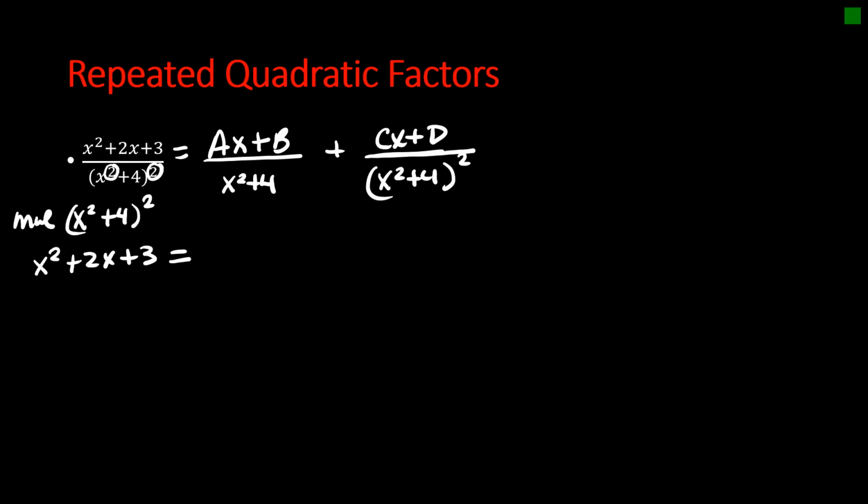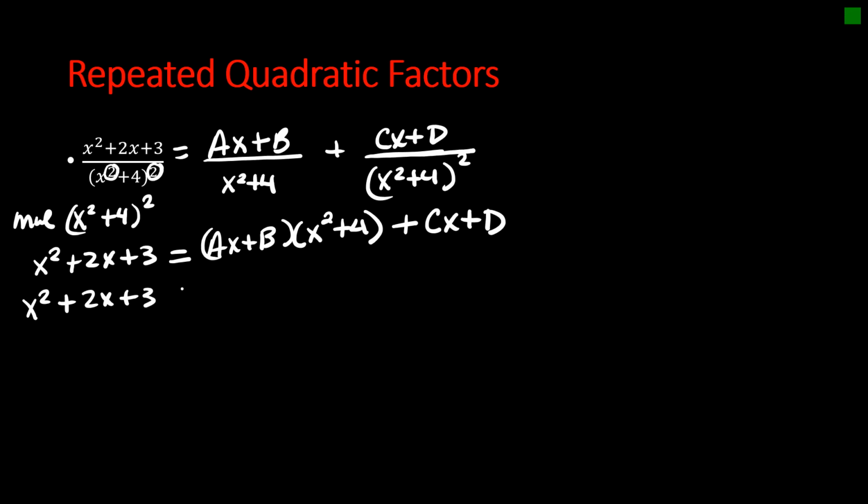On the right-hand side, with our first term, in our denominator we have x squared plus 4 to the first power, which cancels out with one of those powers in our least common multiple, and it's going to leave x squared plus 4 to the first power. And in our second term on the right-hand side, the denominator will totally cancel out and we're left with Cx plus D. So again, let's work with this right-hand side.